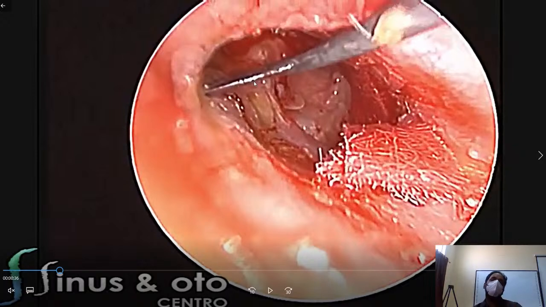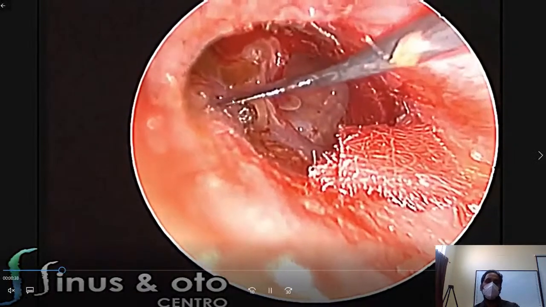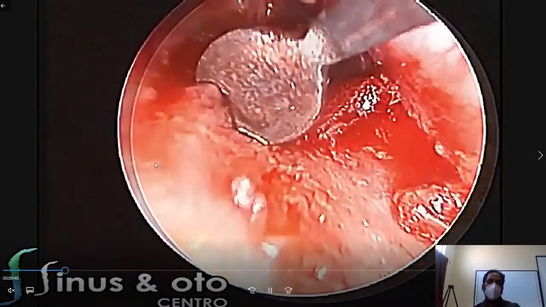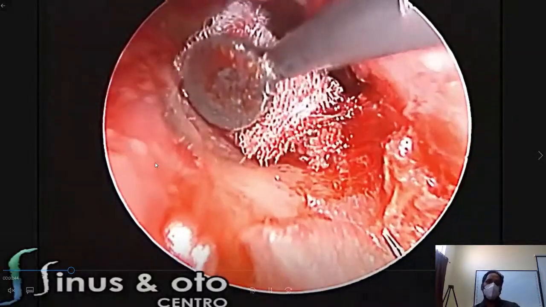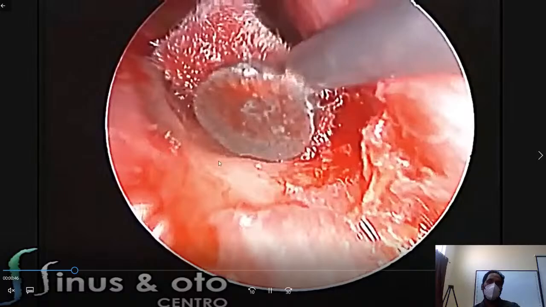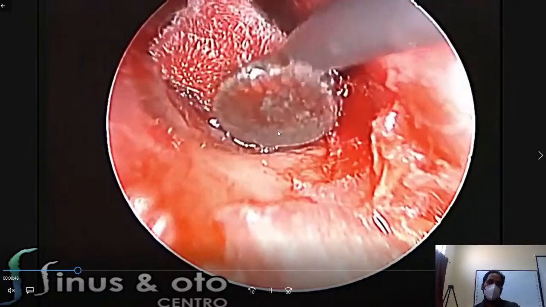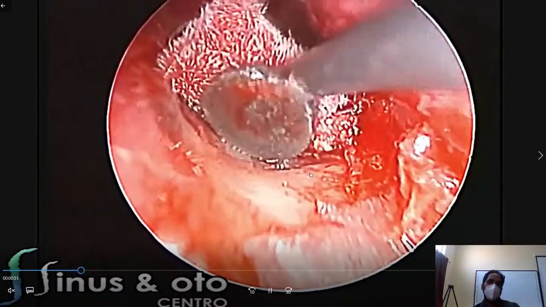From below this tympanomeatal flap. You see this? This is an incision which is being given to elevate the tympanomeatal flap. See, this is the underlying bone, and this is the flap which we are trying to elevate.